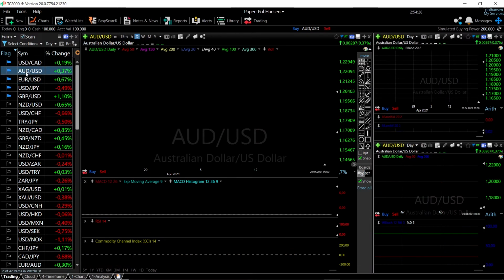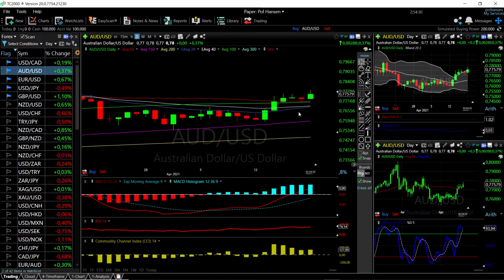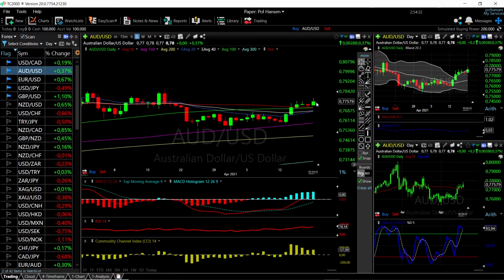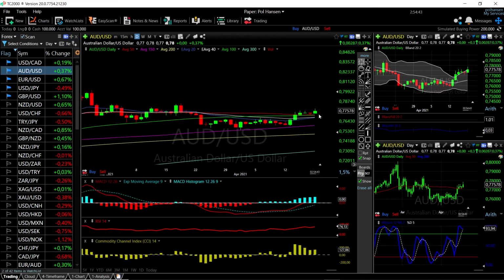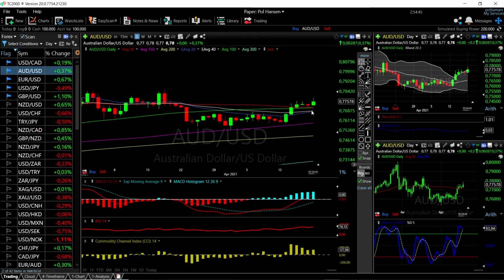So let's look at the Aussie dollar US dollar. As you can see, we also rallied quite significantly here in the Aussie dollar, and then gave most of those gains back. So we are well above the 50-moving average. We are going to have a crossing here of the 20 and the 40, and pullbacks towards the 50 will most likely have a lot of support.